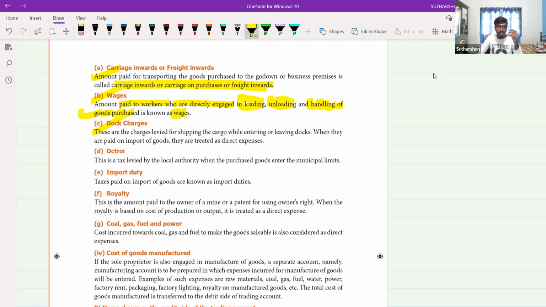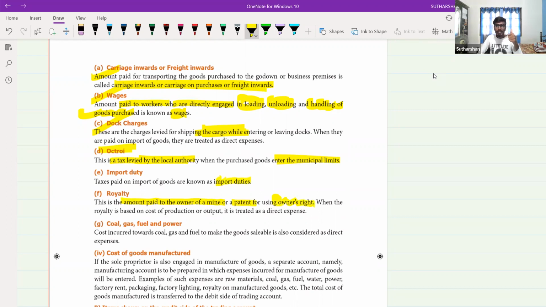Okay, then dock charges are charges related to cargo on ships. Then octroi: a local authority tax levied by the local authority when purchased goods enter the municipal limits, that we call octroi. Then import duty on goods. Then royalty is the amount paid to the owner of a mine, quarry, or a patent for using the owner's right.